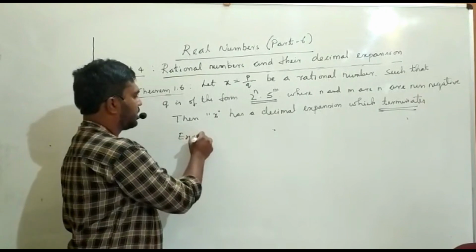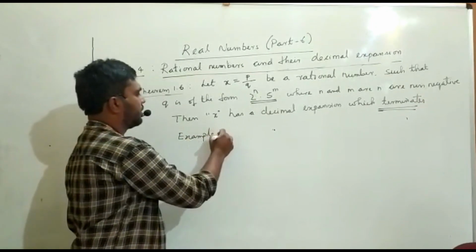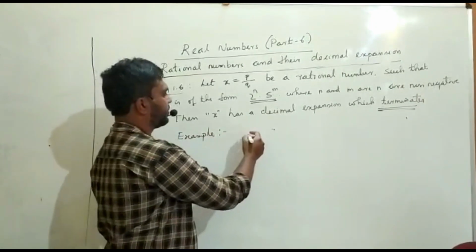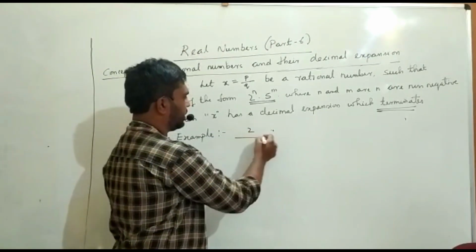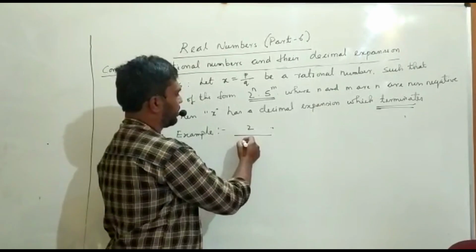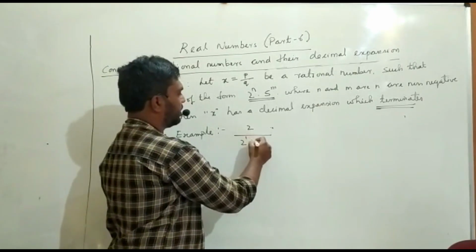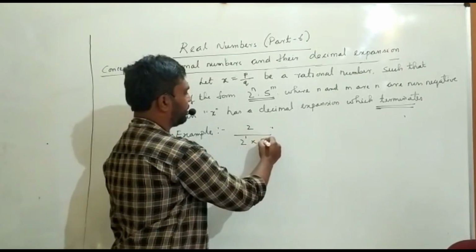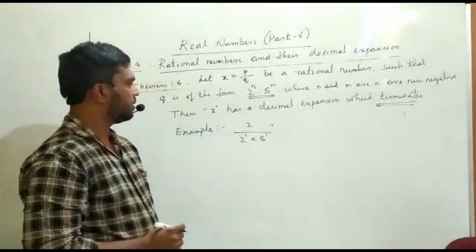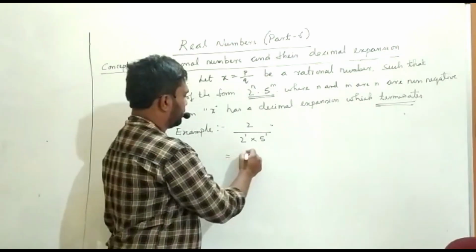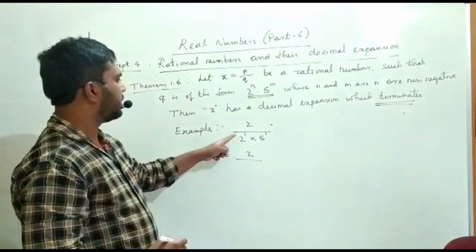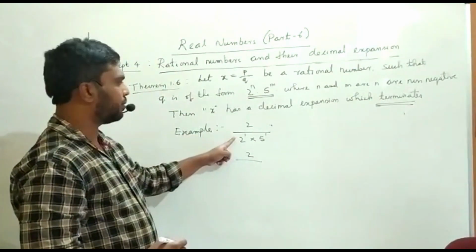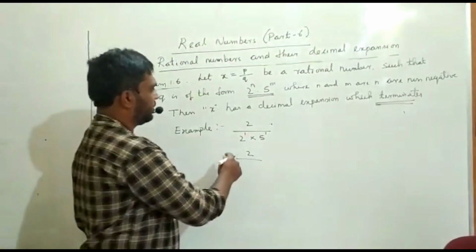Example, you have a number 2 divided by 2 to the power of 1 into 5 to the power of 1. It is in the form of p by q and q is in the form of 2 and 5.